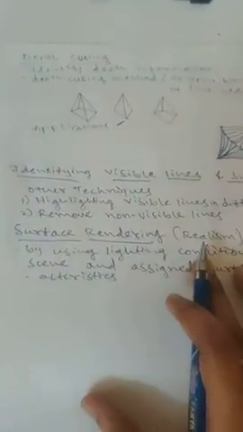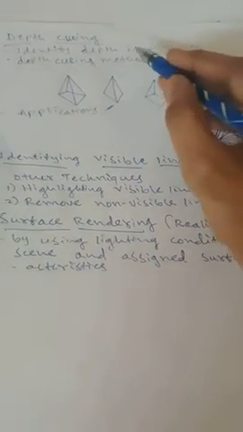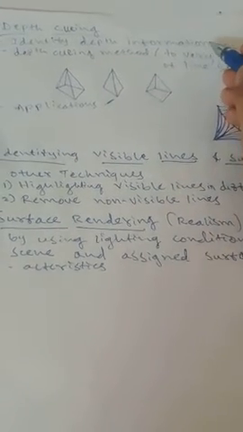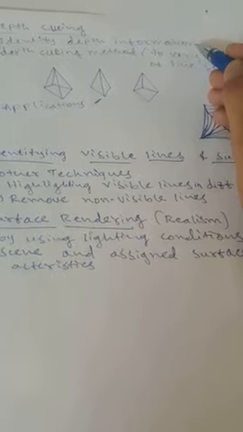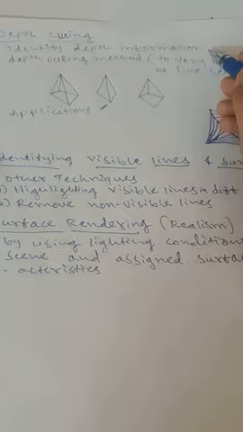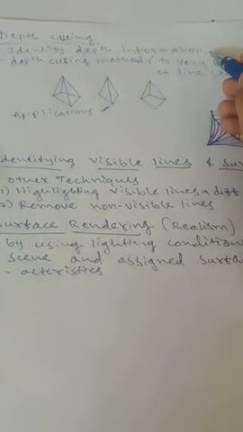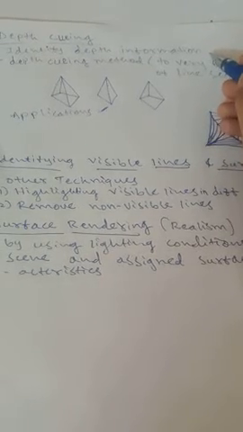The next important method is depth cueing. It is very necessary to specify the depth information in a three-dimensional scene, so that we can easily identify what is the front and what is the back of each displayed object for a particular viewing direction.